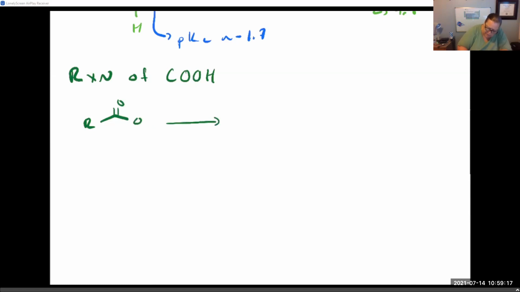You guys remember it from last semester? Formerly known as thionyl chloride, which is a Cl that doesn't look anything like a Cl. It's going to give us an acid chloride. We can take this guy here.